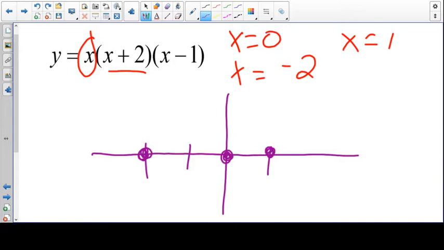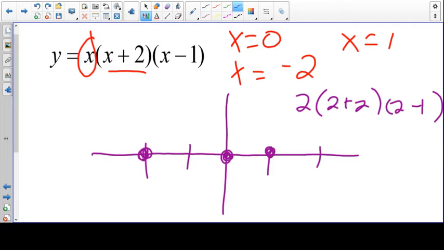So this time I'm going to pick 2 to plug in, so I'm going to look to the right side. So I'm going to have 2 times 2 plus 2 times 2 minus 1. That should give you 8.